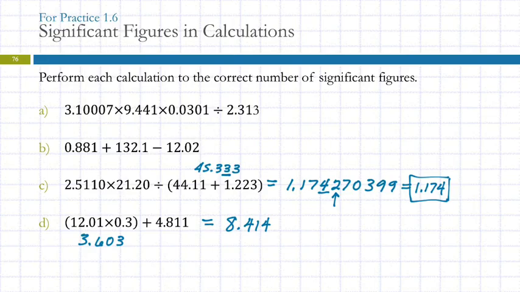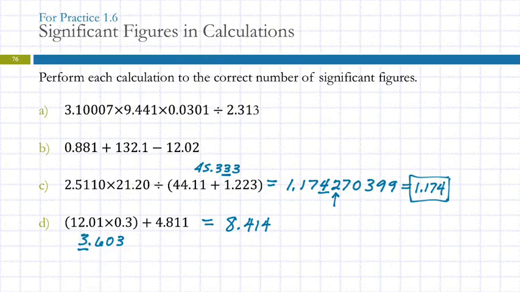How many significant figures should that number have? Well, this one has 4 sig figs, this one has 1. So this number only has 1 significant figure.